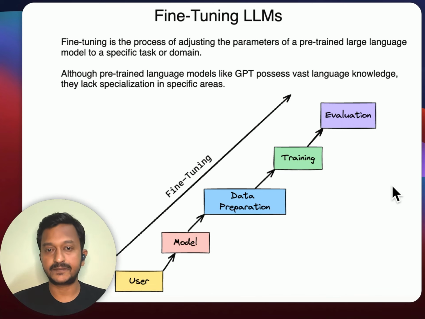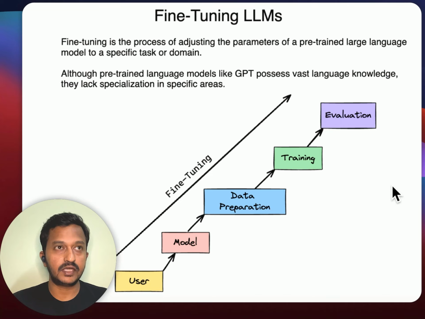It's fine tuning. So although pre-trained language models like GPT possess vast language knowledge, they lack specialization in specific areas. These pre-trained models are already trained on vast knowledge, but still they don't understand some.